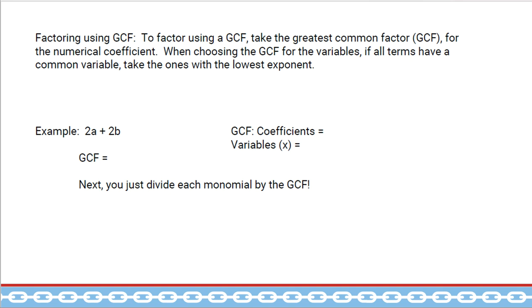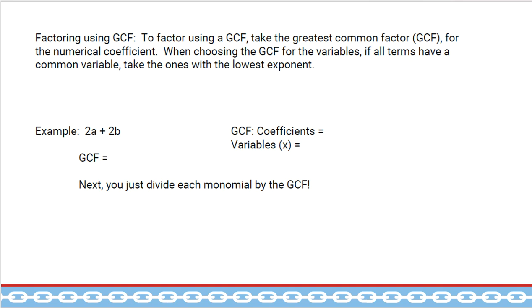Factoring using greatest common factor. To factor using a GCF, take the greatest common factor for the numerical coefficient. When choosing the greatest common factor for the variables, if all the terms have a common variable, take the ones with the lowest exponent.